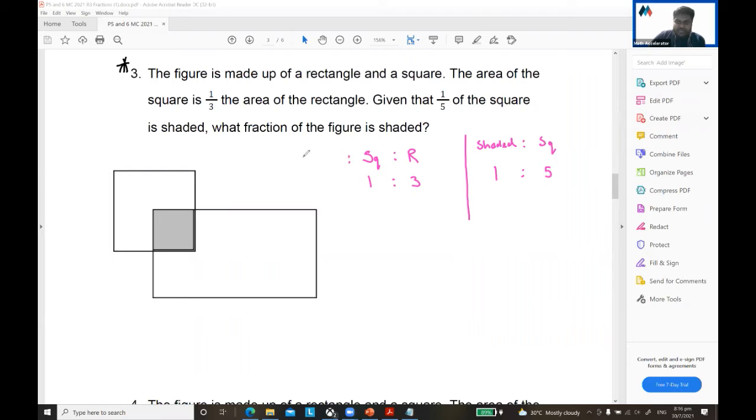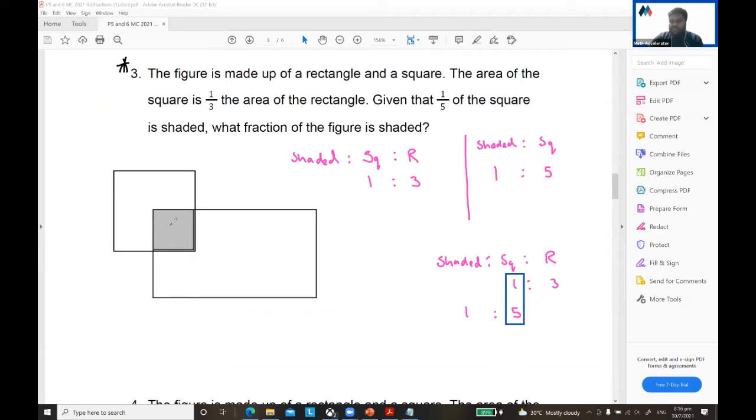Write down shaded over here. Because of space, I'm going to write it down here again: shaded to square to rectangle. So the first one is to 3. When you're writing this way, the square is 5 units. The shaded is 1 unit. So now our job is to make this the same.